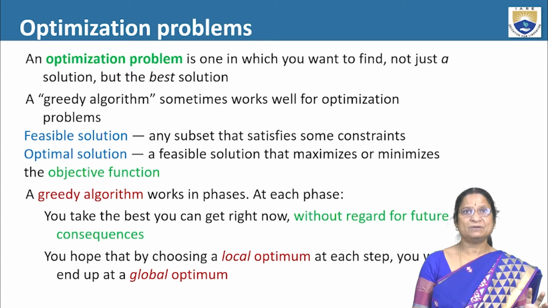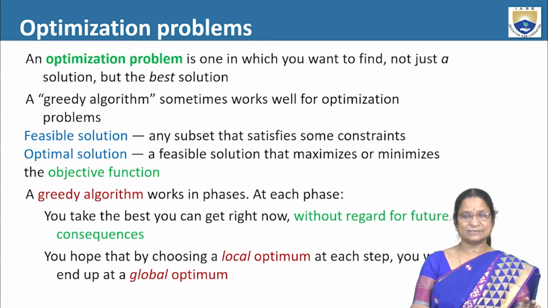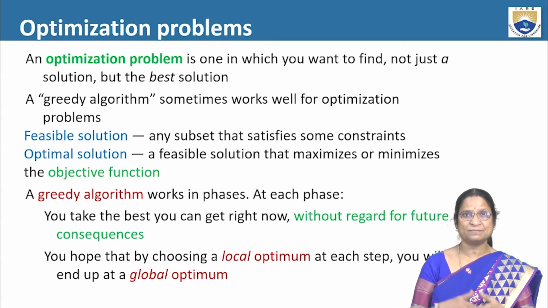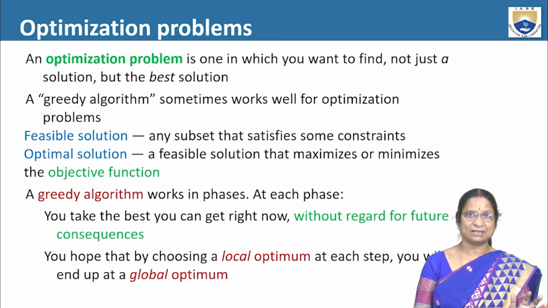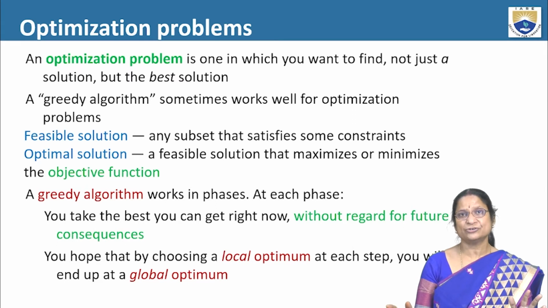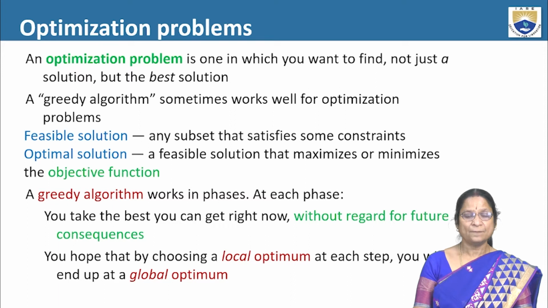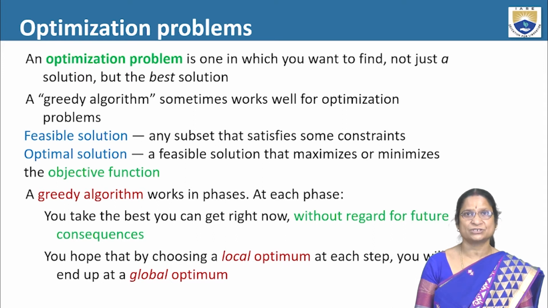The difference between a feasible solution and an optimal solution is: a feasible solution means any subset of the values that satisfies some constraints, that means we get the output or a result for that particular problem. An optimal solution is one of the feasible solutions that maximizes or minimizes the objective function.